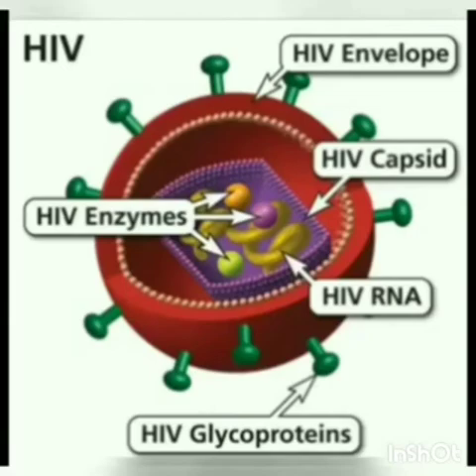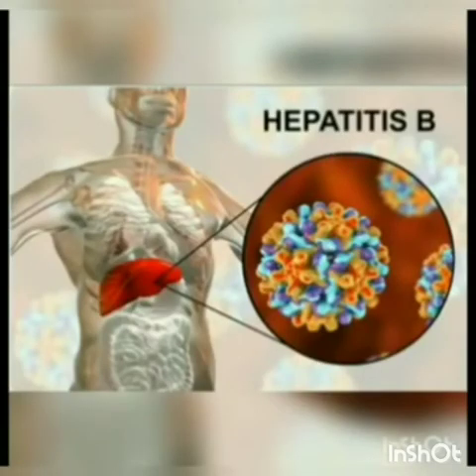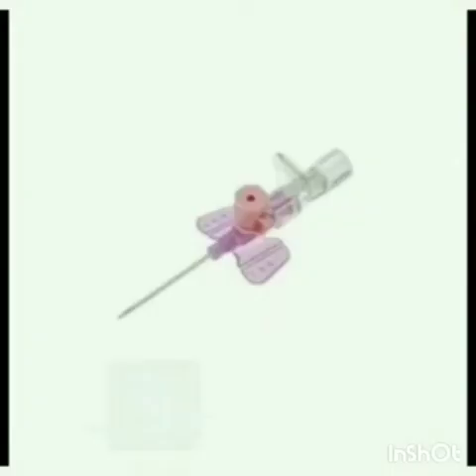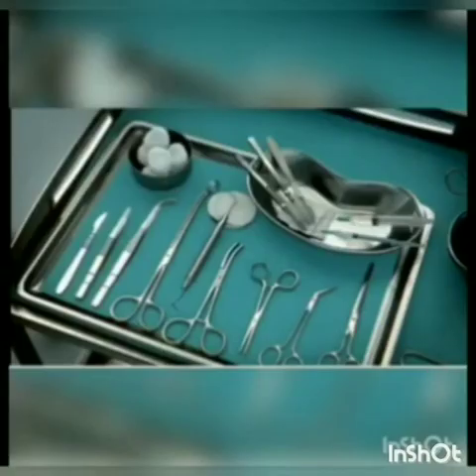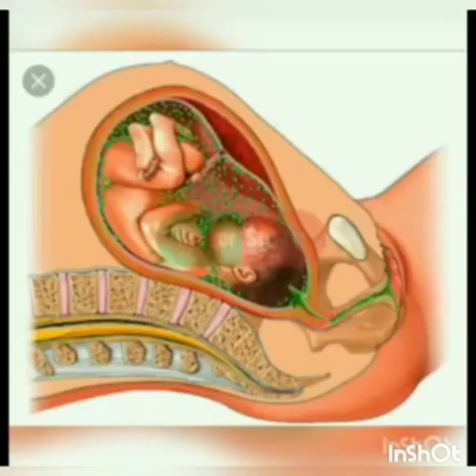Infections like HIV and hepatitis B are transmitted sexually as well as by sharing of infusion needles, that is the Venflon, surgical instruments, etc. with infected people, blood transfusion, or from infected mother to baby.